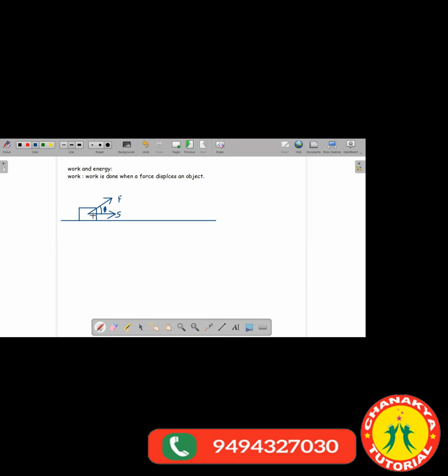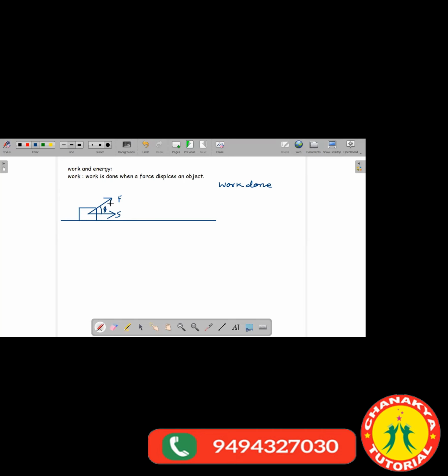Now, what will be the amount of work that has been done by this? The amount of work done is equal to the force multiplied by displacement, but the component of force in the direction of displacement. If you see here, whatever force is used, this force has two components. That means it is working in two directions.